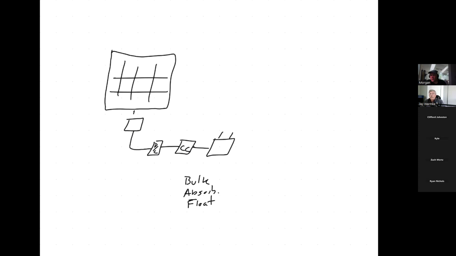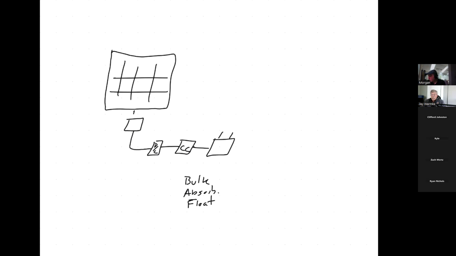Think about the old form. When we talk about a series charge controller, think of it like a thermostat, right? When the battery drops to a certain level, you allow it to charge. Once it gets full, you turn off the charge until it drops to a certain level. Then it kicks on. So it's either on or it's off.